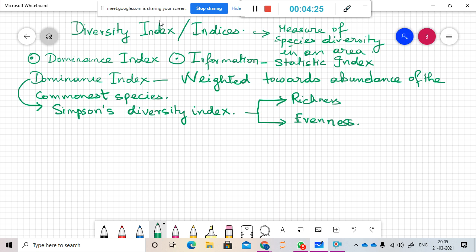So how many different types of species are present, and how many of each species are present. Simpson's index is written as D.